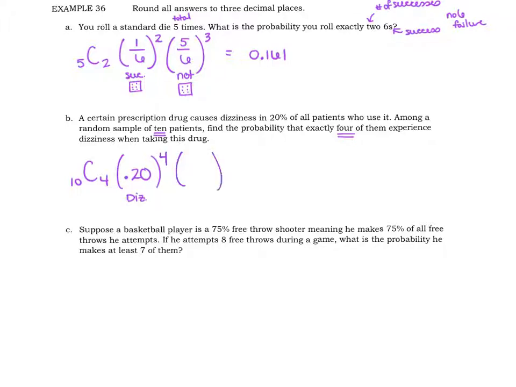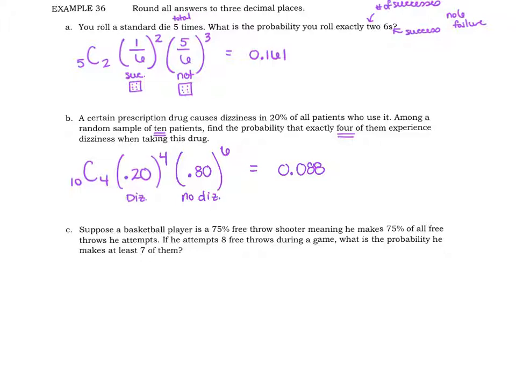And then we want the probability that they don't have any dizziness. Well, again, if 20% of them experience dizziness, then 80% of them will not. And out of those 10 patients, 6 of them would not be experiencing dizziness. Multiply all that together, and you will find the probability is 0.088.